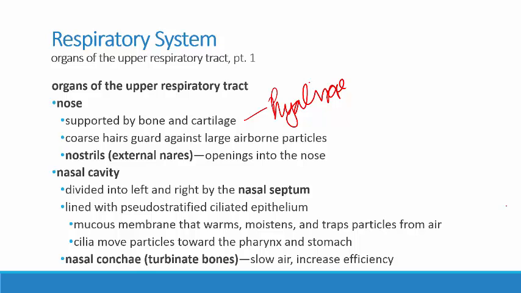And so one of the functions as you breathe in through your nose is that there's a lot of blood supply to a mucous membrane, so they're warm and very moist. That moisture and warmth transfer to the air that we're breathing in, and then any small bits of dust or other small particles will get trapped in that mucus layer, and then the cilia will wave and push the dust and materials. Since it's coming from the nasal cavity, that would push it downward.